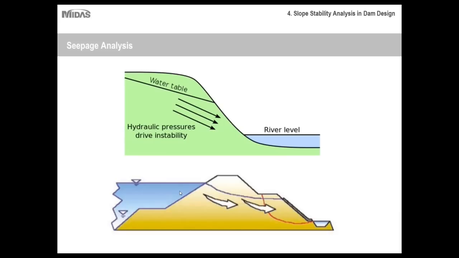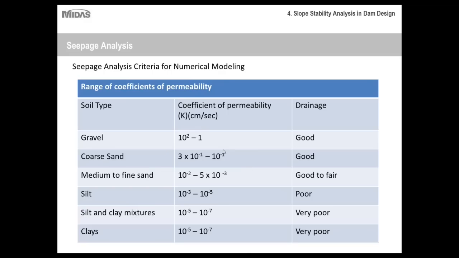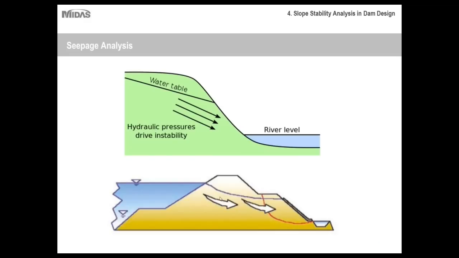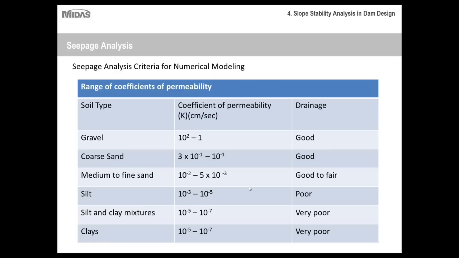So whenever engineers design embankments or dams, they'll always take into account the seepage, and they want to make sure that the seepage won't cause any failure on the dry side of the embankment. So in order to calculate the seepage that's occurring in this dam, they need to run a seepage analysis.